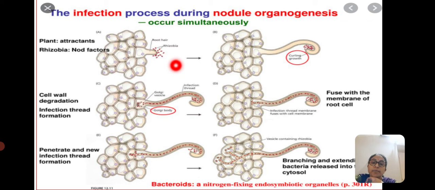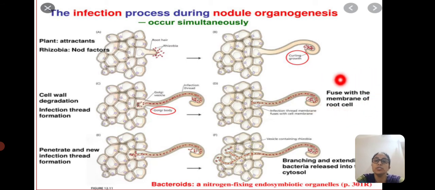Once they enter at this particular point, the curling of the root hair can be seen. This is facilitated by the accumulation of the flavonoids.